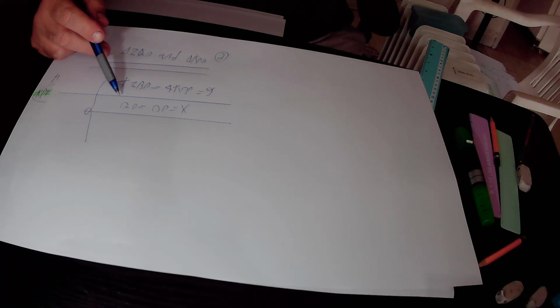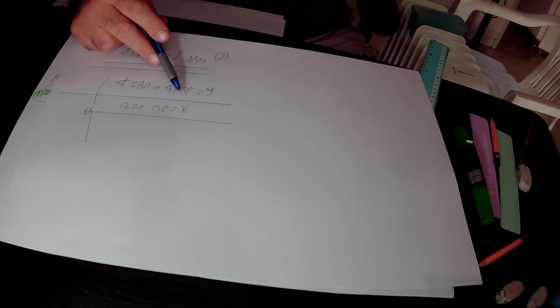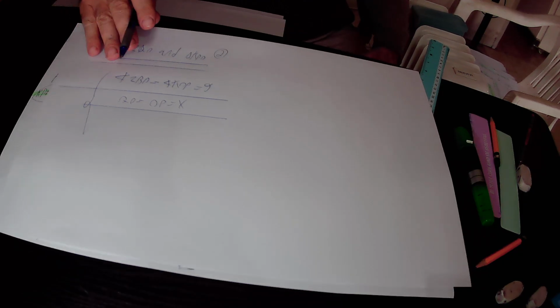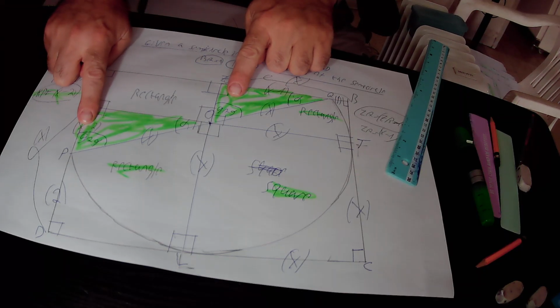Repeat again, side QO of the upper green triangle ZQO is equal to side OP of the right green lower triangle KPO. Both are radii of the semicircle equal to X, and therefore they are equal to each other. And finally, those two angles are both equal to 90 degrees minus alpha, and therefore they are equal to each other.